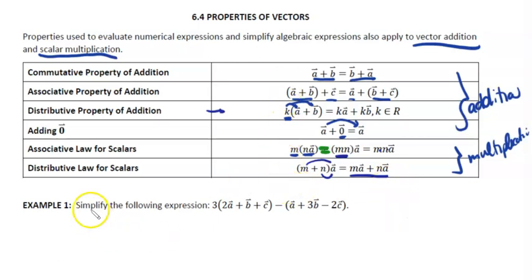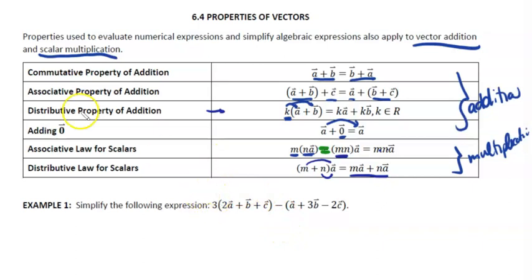So let's take a look at some of these in examples. I'll leave this up here. Example 1, simplify the following expressions. We have 3, the scalar, times the bracket 2 times vector a plus vector b plus vector c, and then we subtract vector a plus 3 times vector b plus minus 2 times vector c.